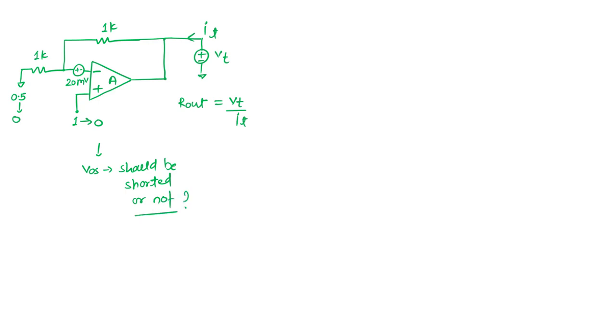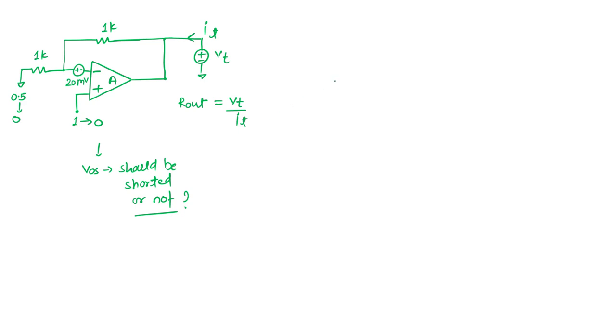We can keep this short because we don't have to see its effect. When we are calculating the output impedance, we are applying a small signal test voltage source and observing the current.